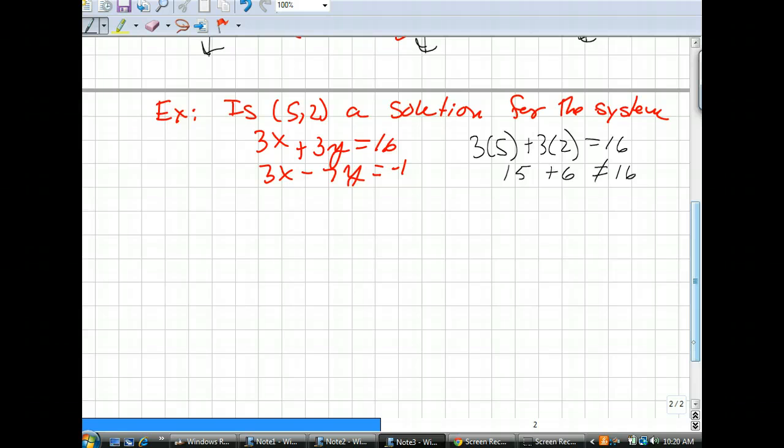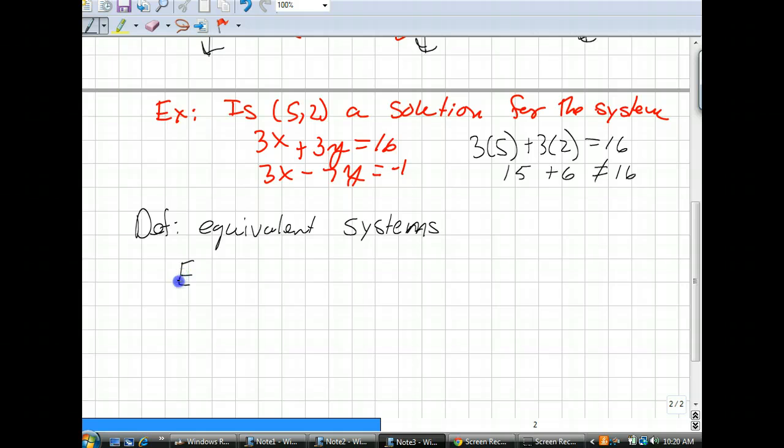We also have what we call, let me give you a definition here, equivalent systems. Those are systems where the solution works in both systems.